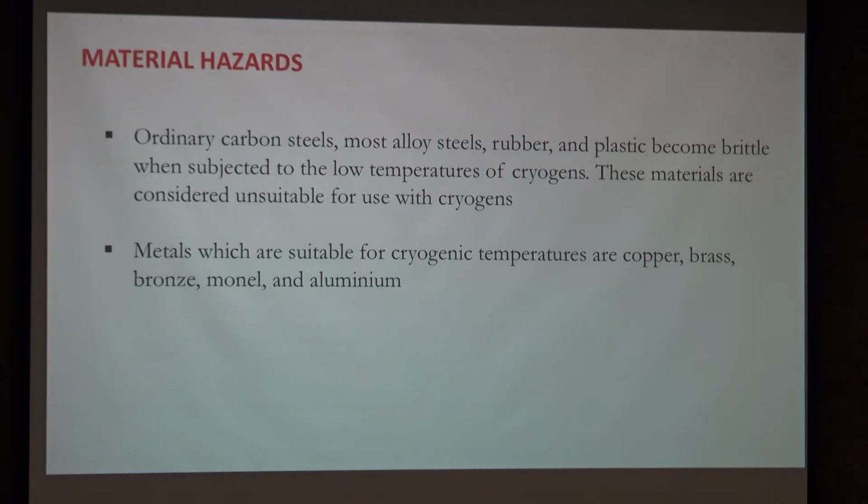Just keep in mind that all materials, whether you use them inside your cryostat or for storage of cryogenic liquids, need to be able to handle cryogenic temperatures. Materials that are safe to use are definitely brass or copper, aluminum and bronze, but not so much plastic or rubber or even stainless steel.